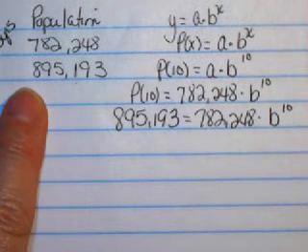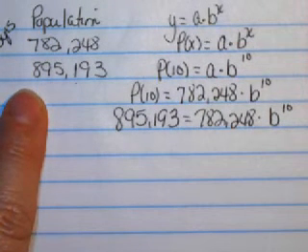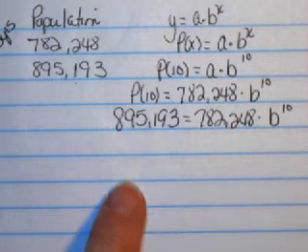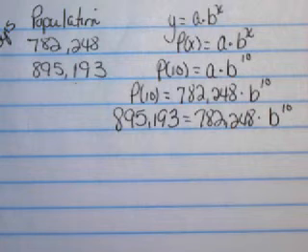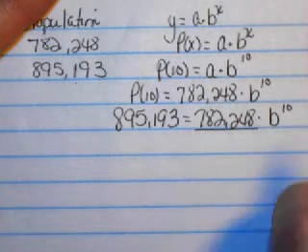Well, we're trying to solve for b, because if we can solve for b, then we have a general equation which can solve for any time, 10 years, 50 years, a million years. So to do that, we are going to divide both sides of the equation by 782,248.